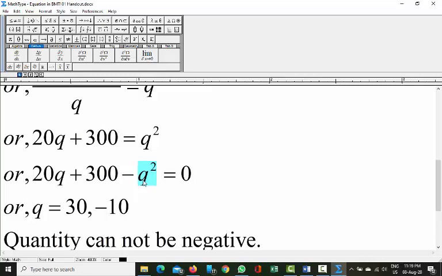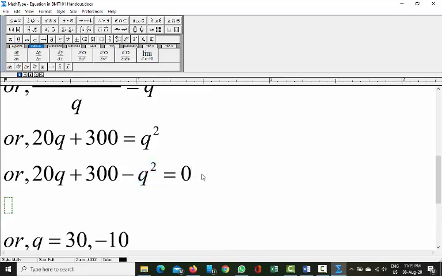As I said before, the coefficient of the squared term of the variable, Q being the variable, is A. So here A is equal to minus 1.